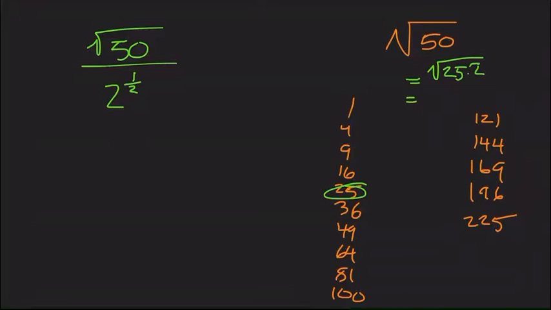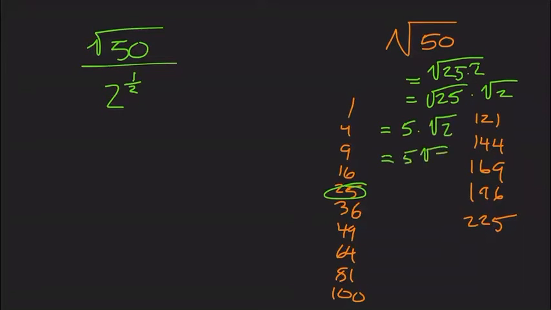Square root of 25 times square root of 2. Square root of 25 is 5. Squish them together to get 5 rad 2. So now we know we can replace this square root of 50 with 5 rad 2.